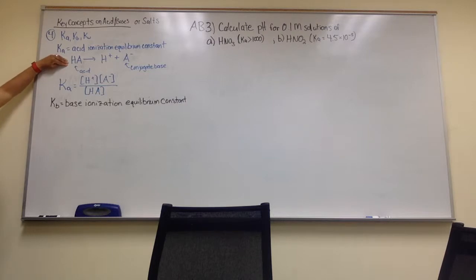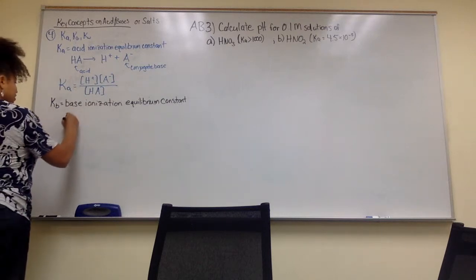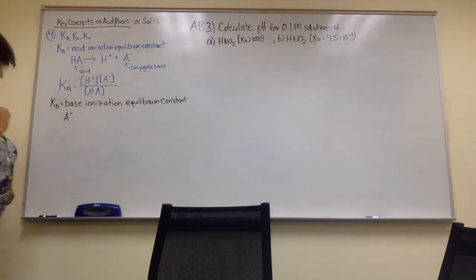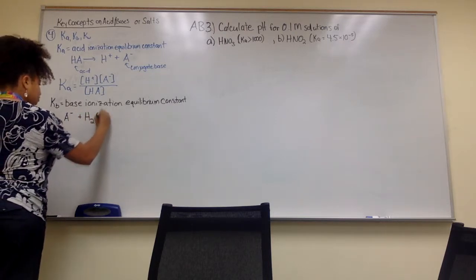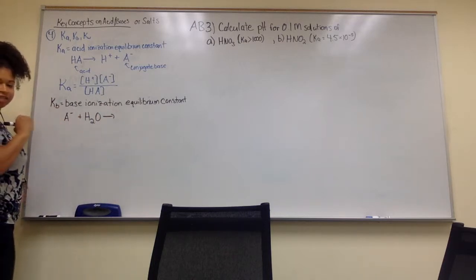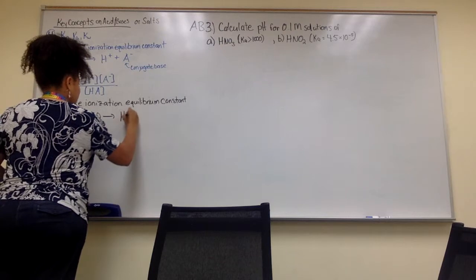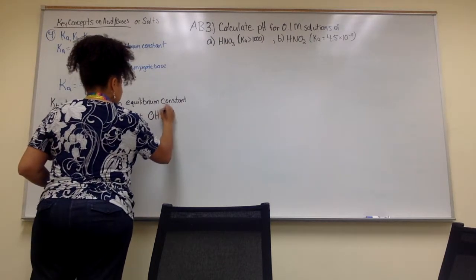The equation for bases has to do with OH. So we start with our conjugate base, A minus, our anion, and we add in water, which then gives us a conjugate acid now, HA plus OH minus.